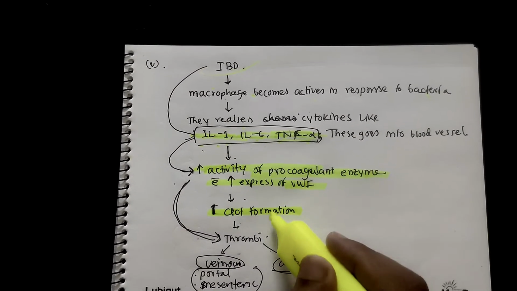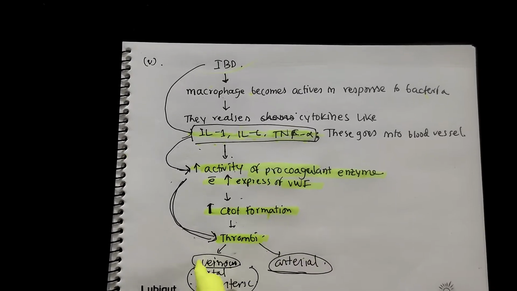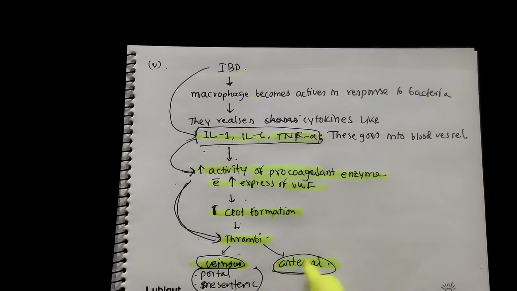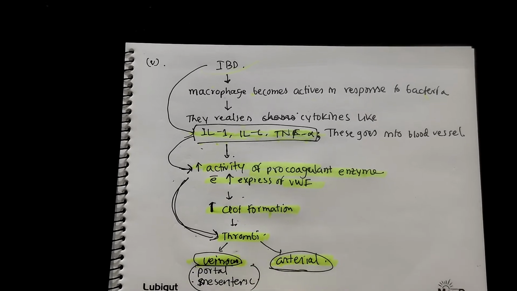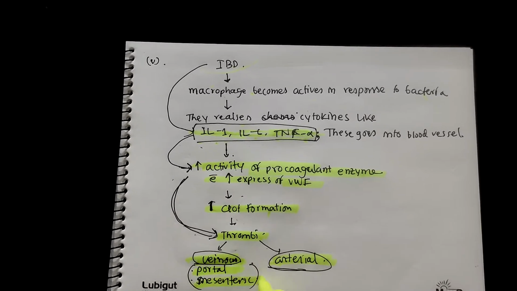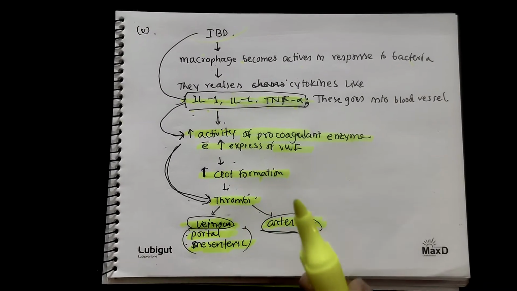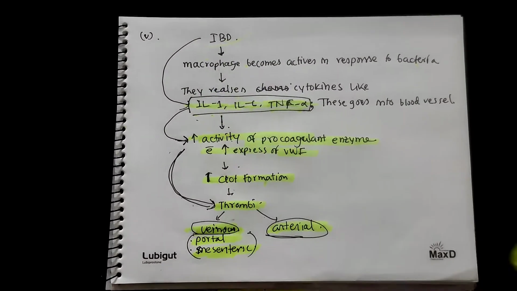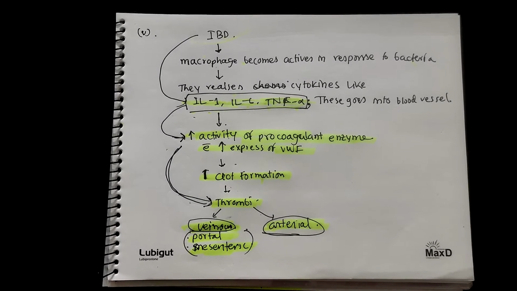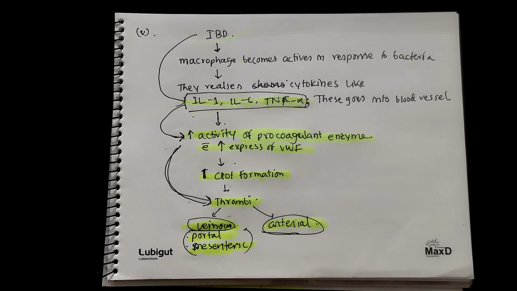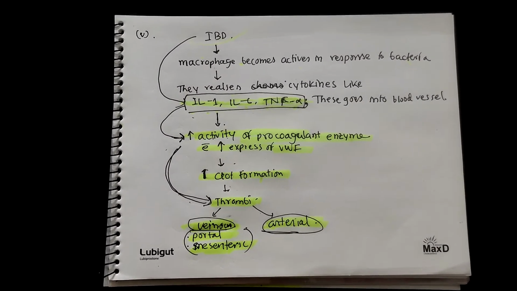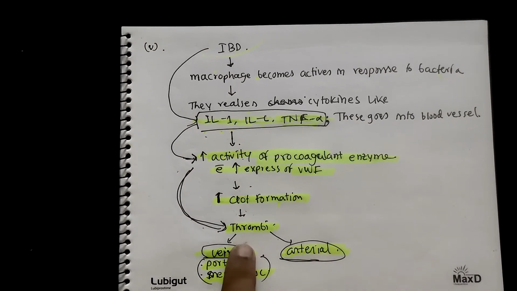And this clot causes thrombus, which may occur in venous or arterial vessels, and the venous thrombus may be in the portal vein or mesenteric vein. So venous thrombi occur in IBD. So we give subcutaneous low molecular weight heparin in these patients, as venous and arterial thrombi occur.